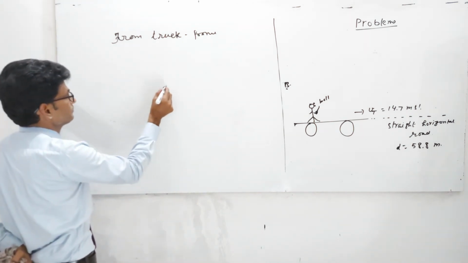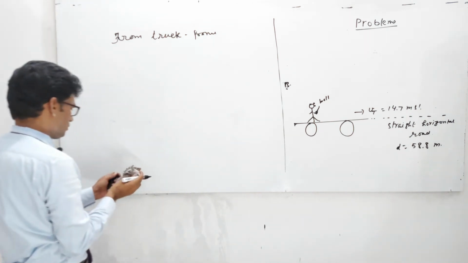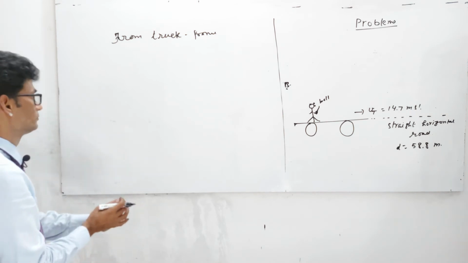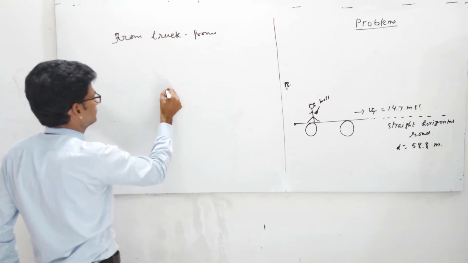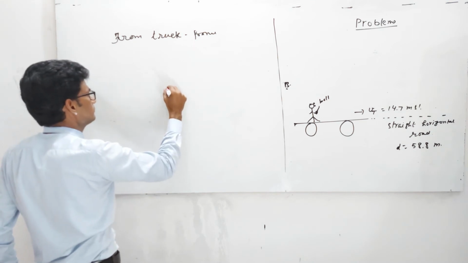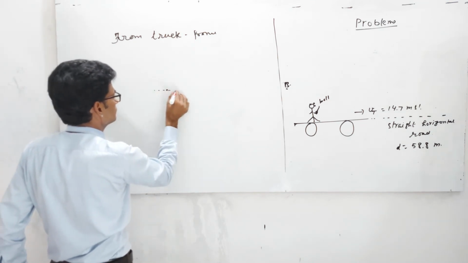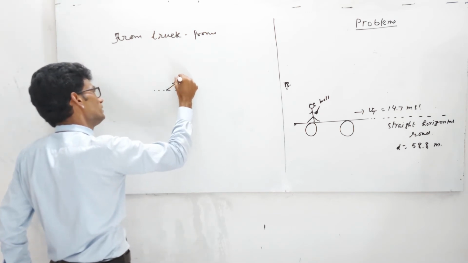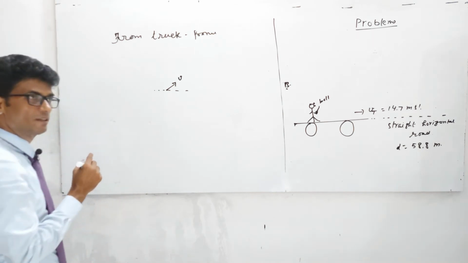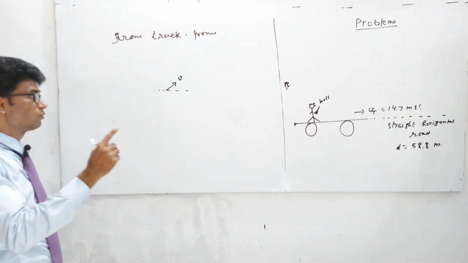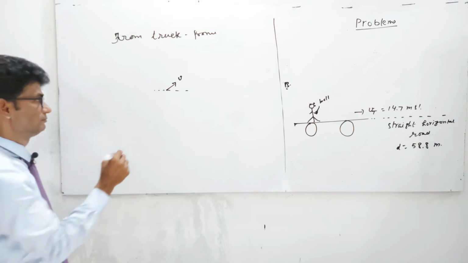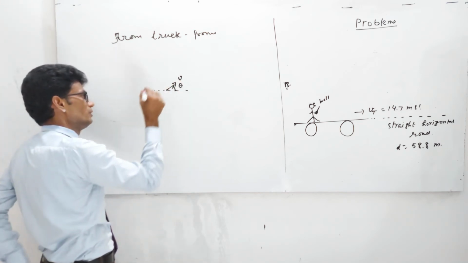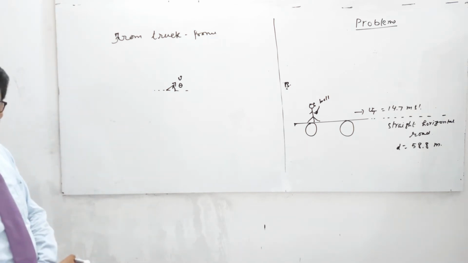With respect to the truck frame, the ball is thrown with the speed, say v, with respect to the truck, making an angle theta with the horizontal.